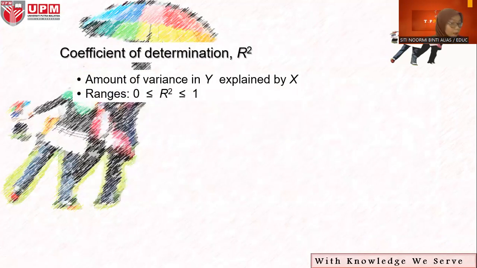Okay, this again, to interpret the coefficient of determination R square, it is referring to the amount of variance in Y explained by X. So the value of coefficient of determination ranges from 0 to 1. Smallest is 0, largest is 1. Meanwhile, the multiple correlation coefficient R in simple linear regression is similar to the way we interpret the correlation coefficient in Pearson product moment correlation.